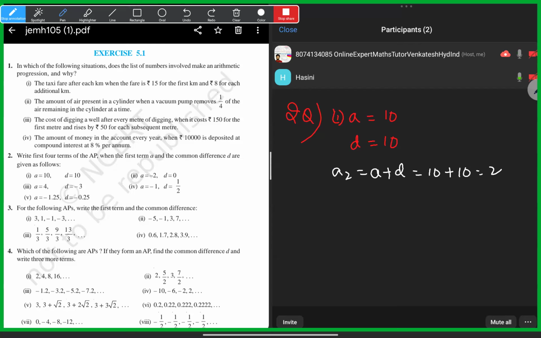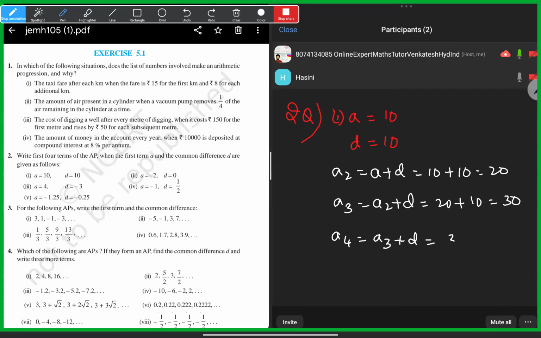Now A3 is nothing but A2 plus common difference. Yes or no? A2 is how much? 20 plus common difference is 30. Then A4 is nothing but A3 plus again the common difference.